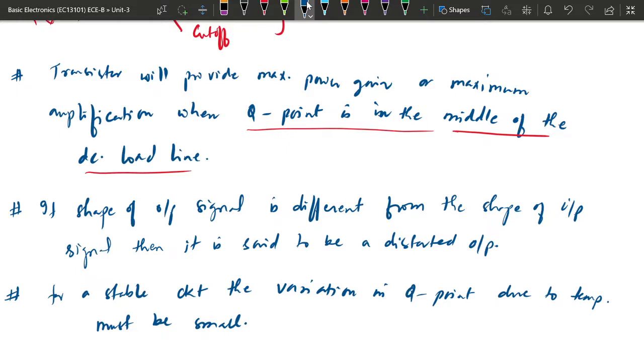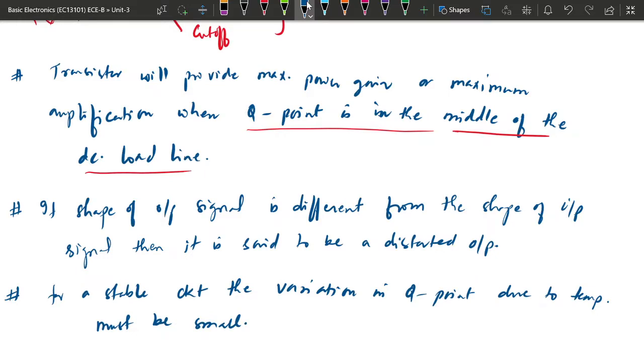So these are the points we have seen: how the load line is defined and how the operating point value affects the amplification operation of the transistor. If the Q point is closer to the saturation side or the cutoff side, we will get a distorted output.